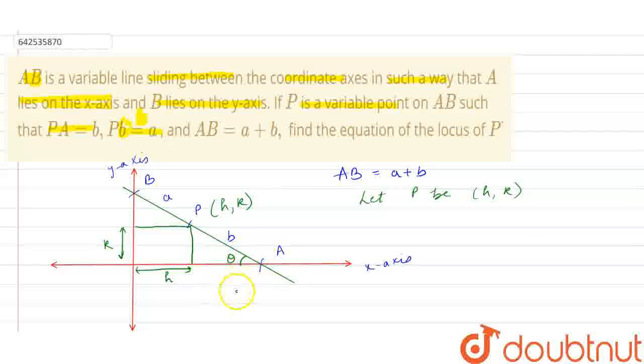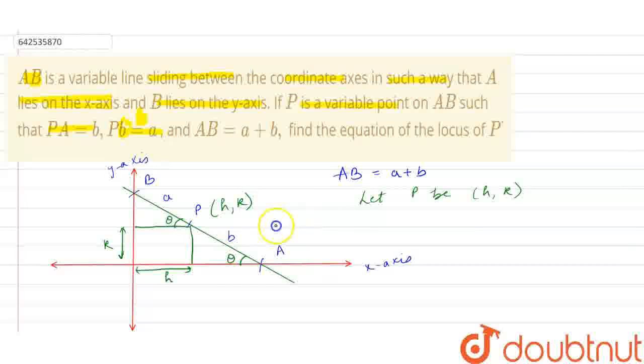Alright, so if this is theta, then this line is also parallel to x-axis. This line which is joining y-axis and P point is also parallel to x-axis. Therefore, this angle will also become theta, right?